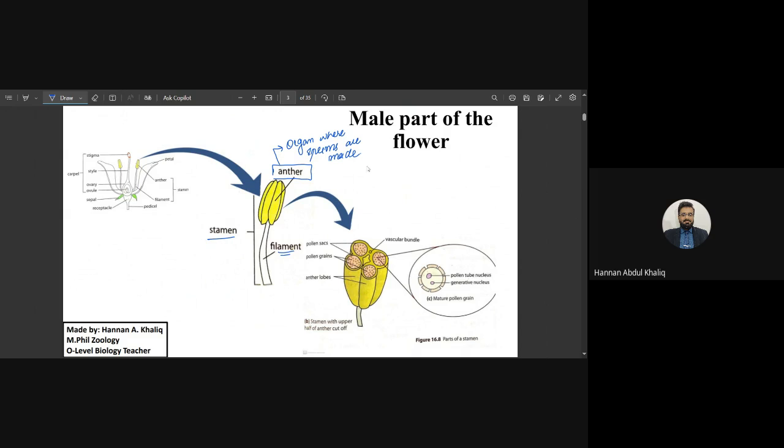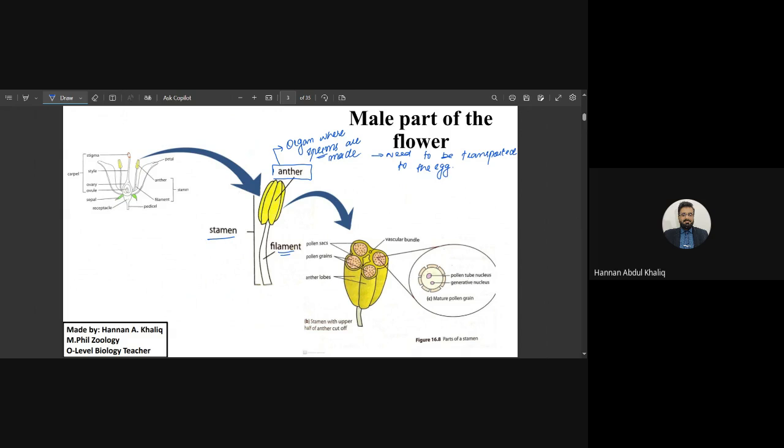So anther, but the problem is when the sperms are made in the anther, they need to be transported. They need to be transported to the egg. Now, you must have a means of transport.